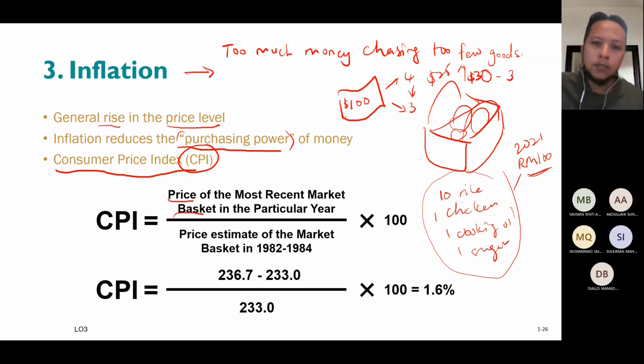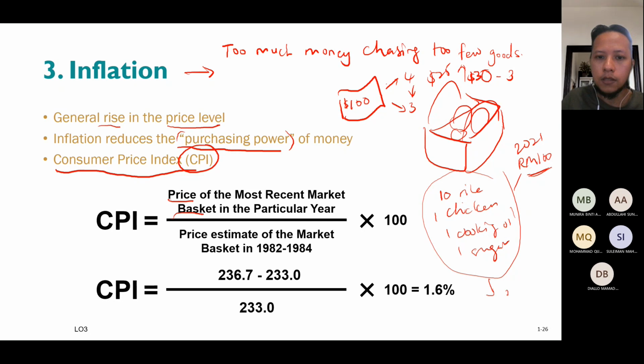In order to know the CPI for 2022, this agency will go to the same market, take the same items and put them in the basket, and see what the price is.